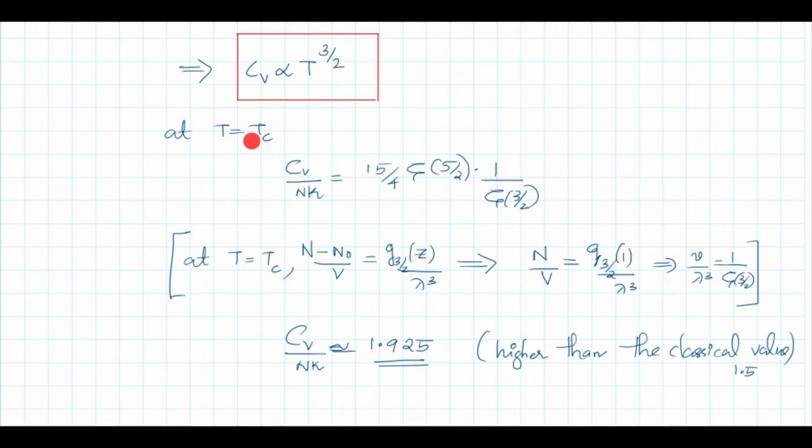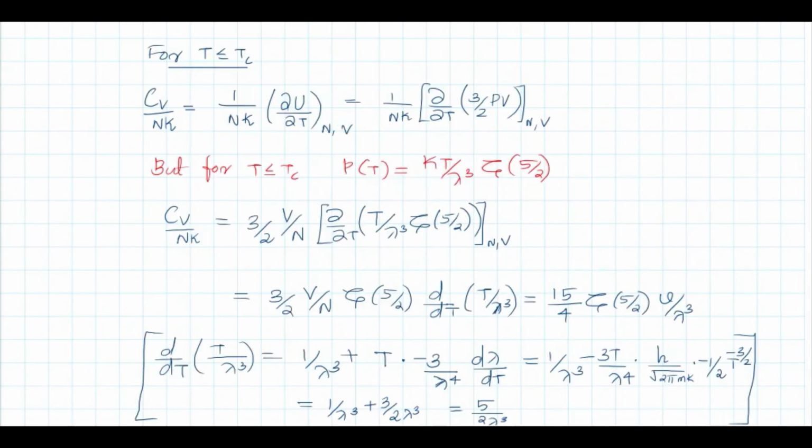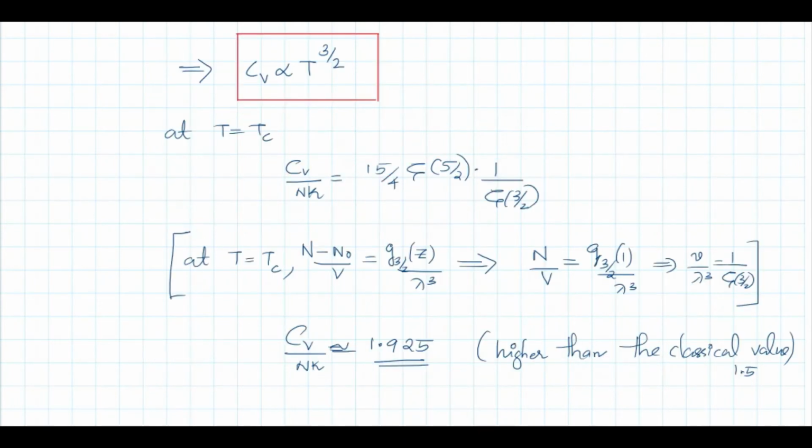At T equal to Tc, you can write Cv by Nk as 15/4 g 5/2 into 1/g 3/2. Why? Because you have here the term V/λ³, and V/λ³ is nothing but 1/g 3/2(z), but the z value is 1 for T less than or equal to Tc, so that will give you a value of 1/g 3/2.